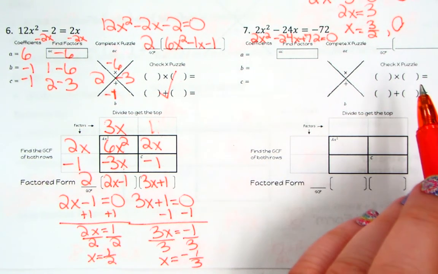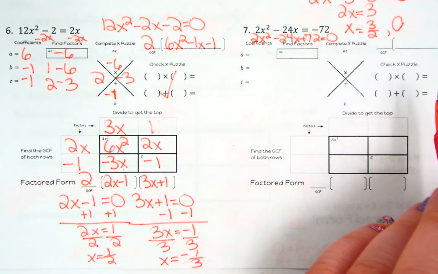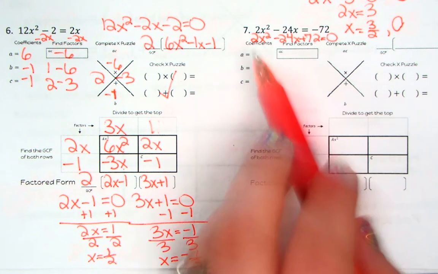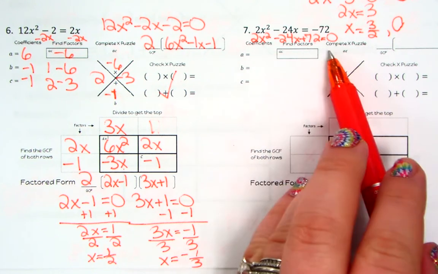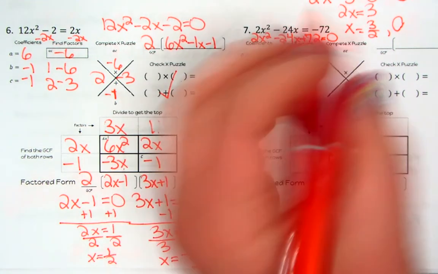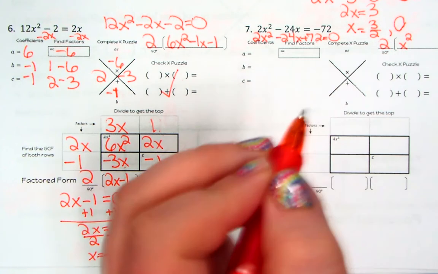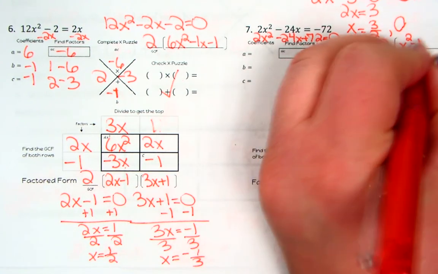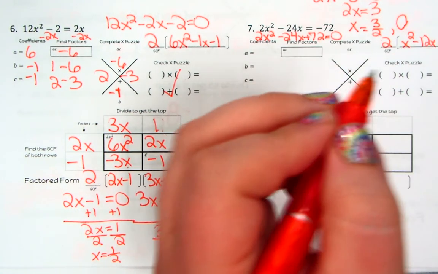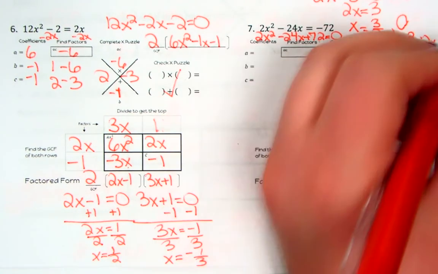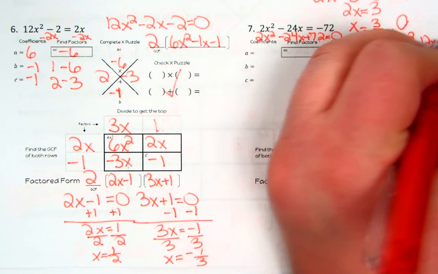Well, lucky for us, because 72 is kind of a scary number, we can take a whole 2 out of there. And that leaves us with x squared minus 12x. And then 72 divided by 2 is 36. So plus 36.